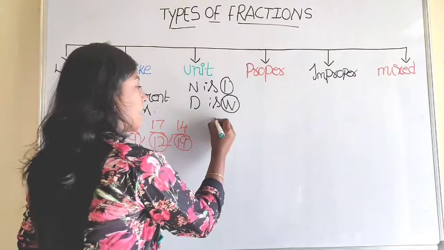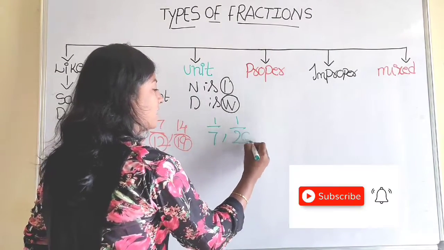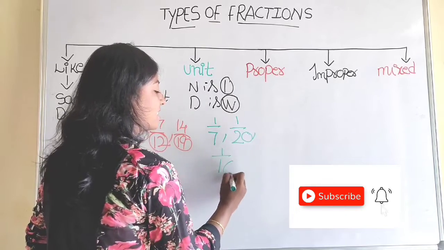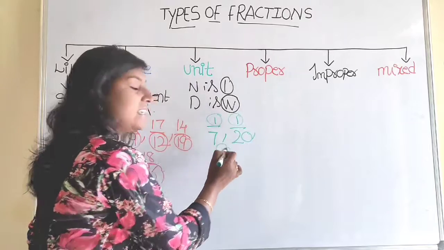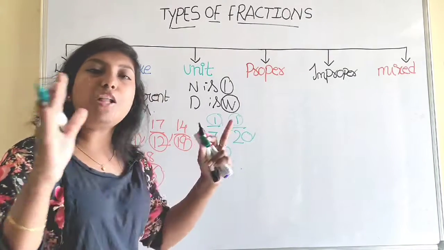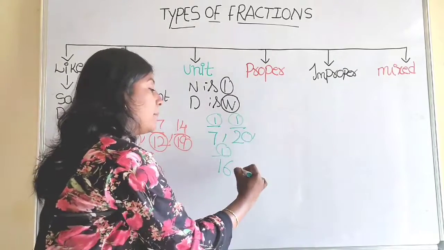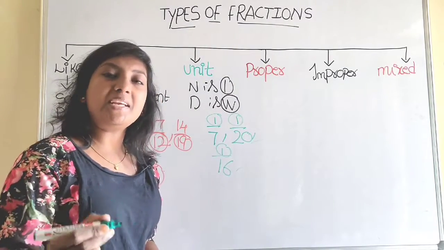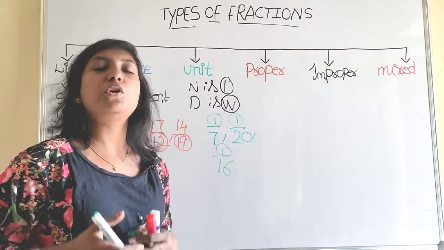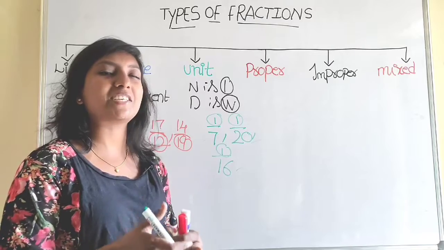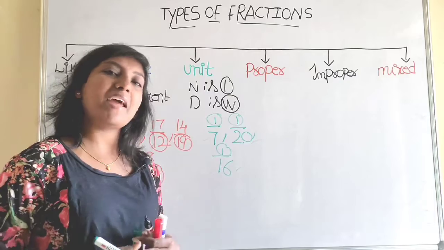So, here I am taking 1 by 7 and 1 by 20, 1 by 16. If you observe, all the numerators are having 1, but the denominator is a whole number. So, if a numerator has 1 and the denominator contains a whole number, those fractions are called unit fractions. Simply, if we have 1 as the numerator, that is a unit fraction.